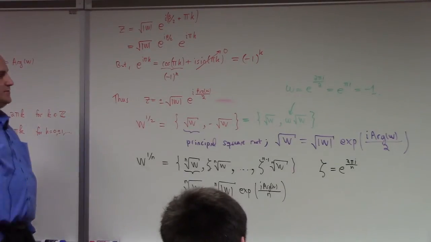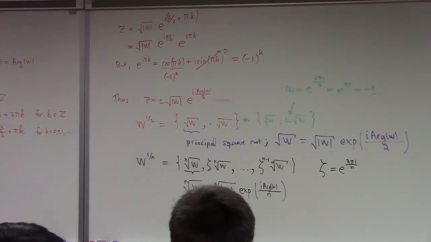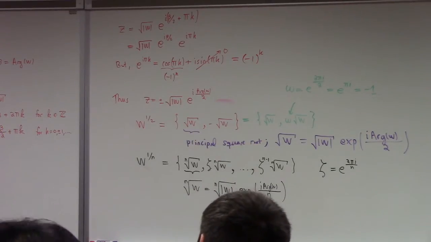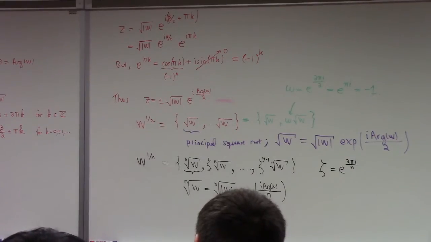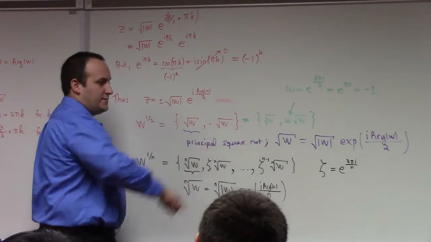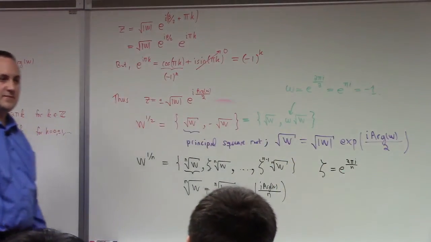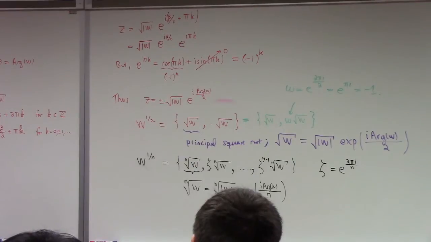But the square root is particularly nice because you don't really have to get into the details of zeta squared, all the way up to zeta to the n minus 1, because zeta is just minus 1. So we can capture all of the square roots, even in the complex case, by just putting plus minus. But you've got to be careful. The square root is not the simplest thing. It's the principal square root, and it's not maybe what you're thinking if you're being too naive.